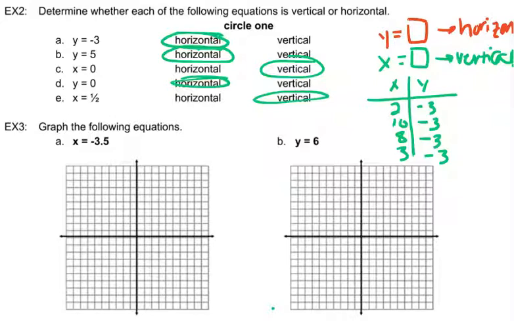Now, let's take a look at example number 3. We have to graph equations like this. So we're thinking, okay, x is always negative 3.5.